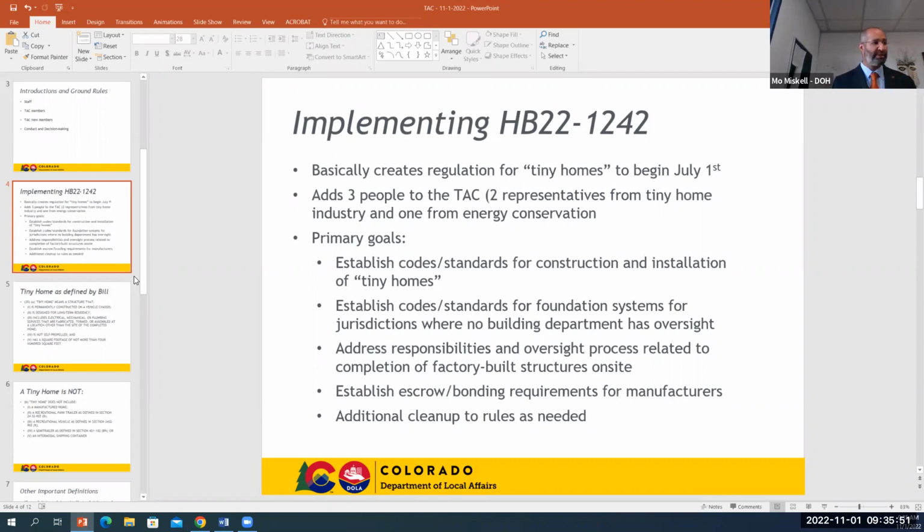And then the next one is, especially for those of you who are new to what we do, we not only regulate the construction that's done off-site, whether it be someone's backyard, whether it be a high school, whether it be a factory, right? That clearly we regulate.